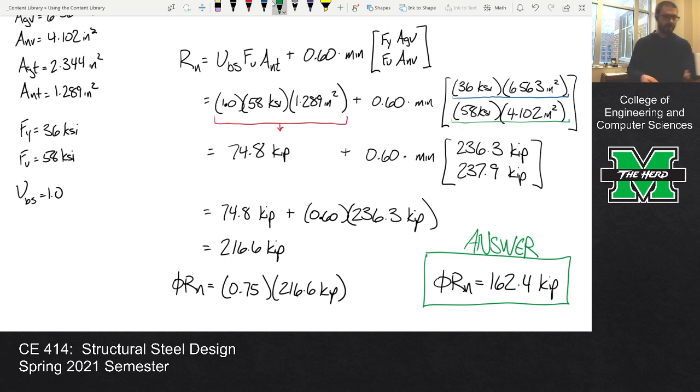Phi is 0.75. See, all this RN, see that 216.6 kips, in the end, that's RN, right? Because RN was all that pile of junk. In the end, we want phi RN, so we have to take that RN and multiply it by phi, which is 0.75.